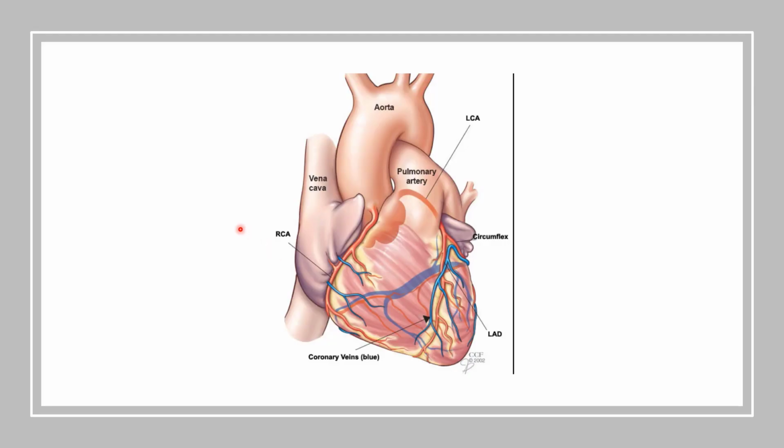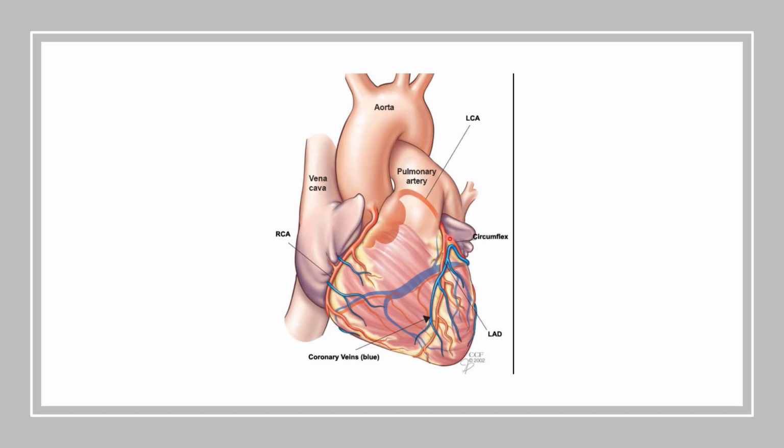With coronary artery disease, remember we're looking at the different coronary arteries. Here, just a review, this is the RCA. As you can see, it predominantly supplies the right side of the heart. In addition to that, we also have the left main coronary artery, also known as LCA. This is a big coronary artery, and it's very important.